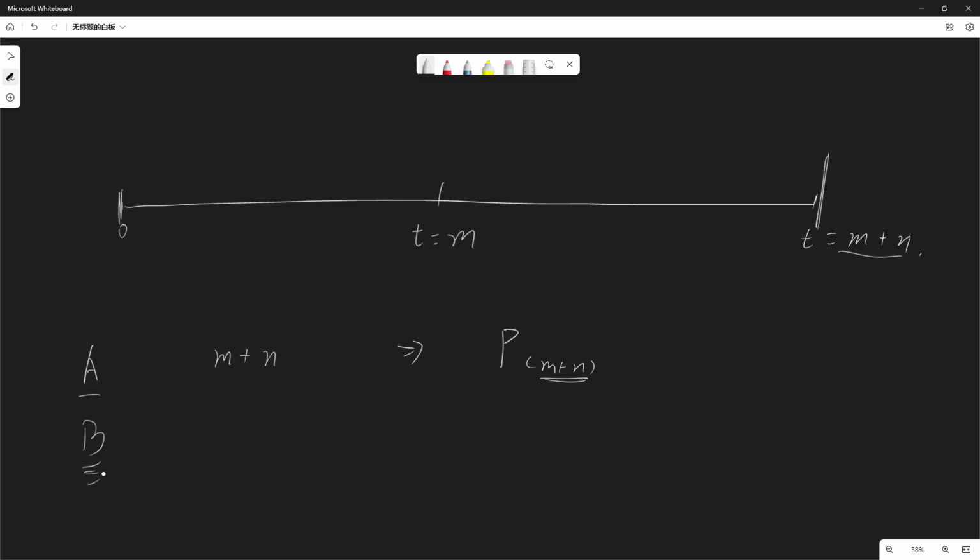Say B also got into a contract, and they're not going to buy the bond right now, but they use a forward contract to purchase, right? So they bought a forward contract here at time 0, and that forward contract is about what will happen at time m.